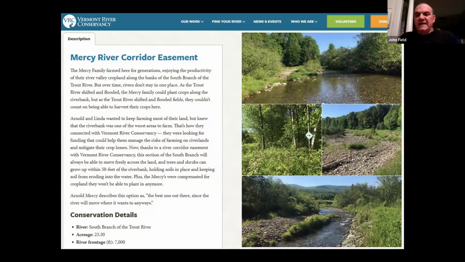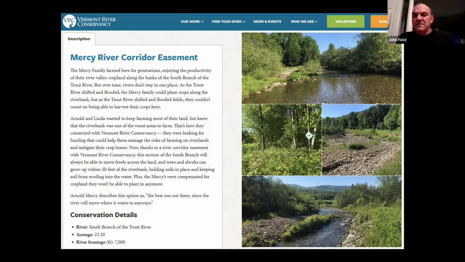I was glad to see on a website that in the Trout River watershed there are corridor easements or conservation easements along the river. This allows the river to migrate without any conflict with infrastructure. We won't feel the need to sort of harden the river in place.